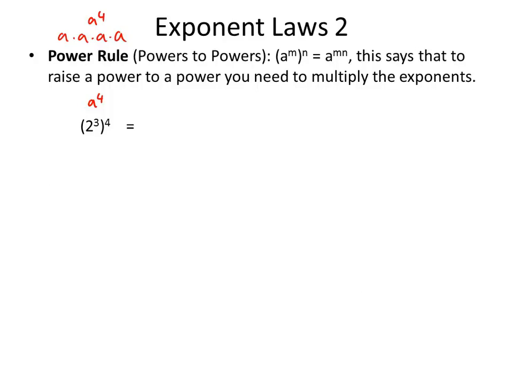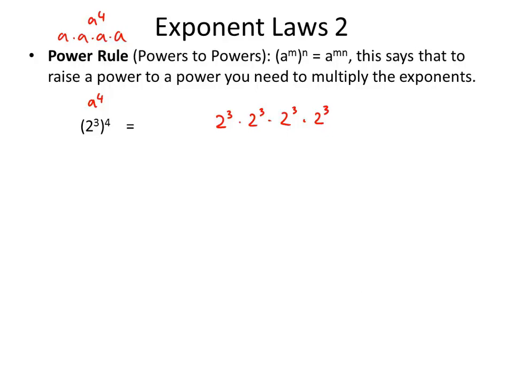So when we have 2 to the 3 to the 4, so 2 to the power of 3 to the power of 4, it's kind of like writing this 2 to the power of 3 and then just writing that 4 times. So I wrote 2 to the power of 3 and I wrote that 4 times.